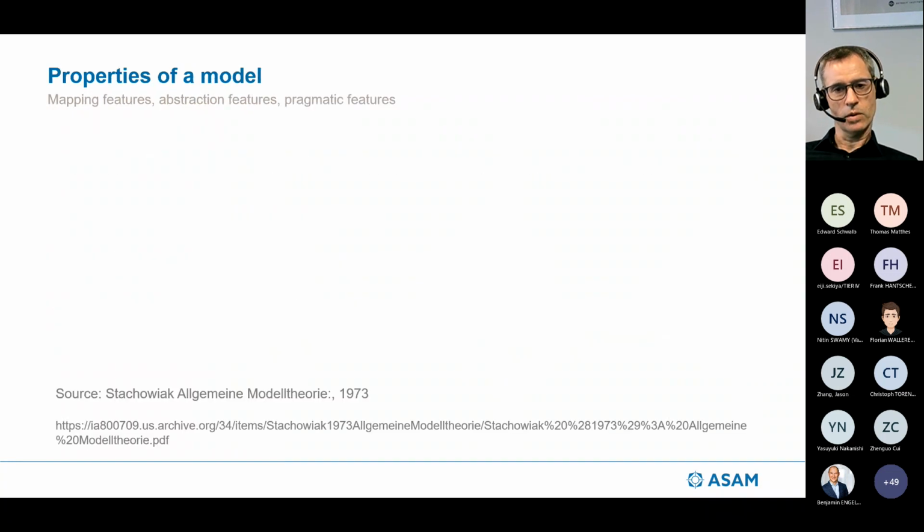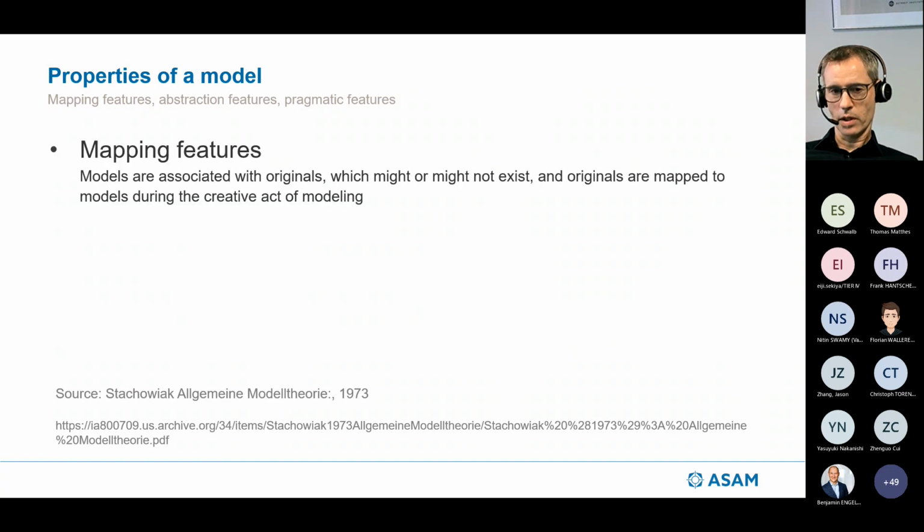And this leads us to the properties of a model. This is a very old definition, or very old aspects of a model. What aspects would be put into a model during modeling? So we have mapping features. We have an original, and during the creative process of modeling, we map these features from the original to our model.